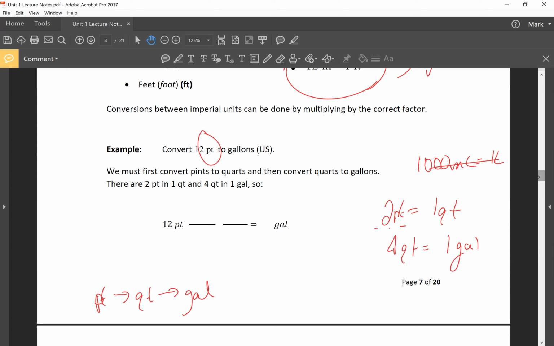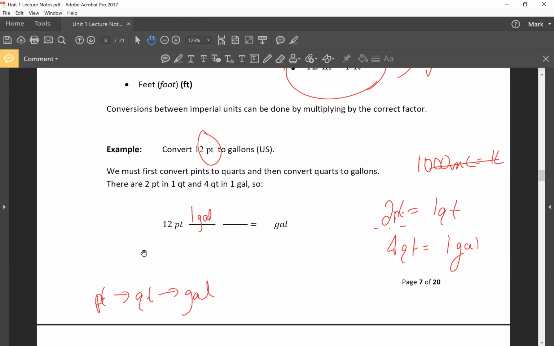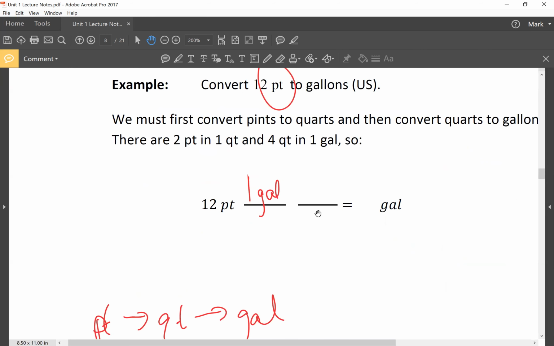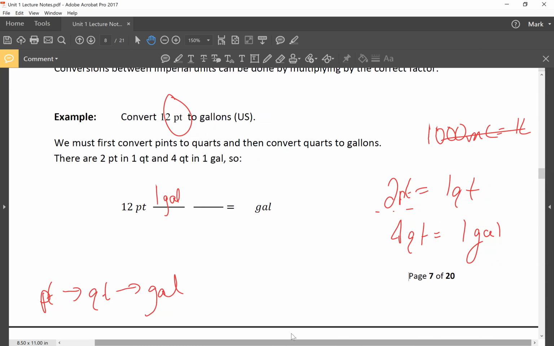So 1 gallon, I'm going to zoom in here. There we go. Okay, 1 gallon is equivalent to 2 pints. So my pints cancel.